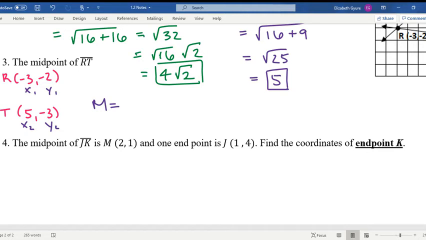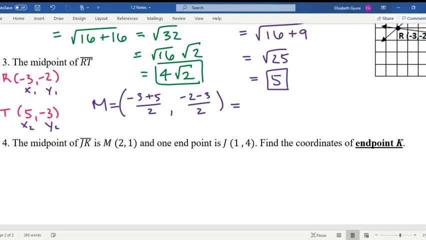For this formula, you add your x's and divide by 2. So that's, we'll put a big set of parentheses, -3 plus 5 divided by 2, comma, then add your y's, -2. And here it's up to you. You can either put plus a -3, or if you're adding a negative, you're technically just subtracting. So you could also just write -2 minus 3 divided by 2.